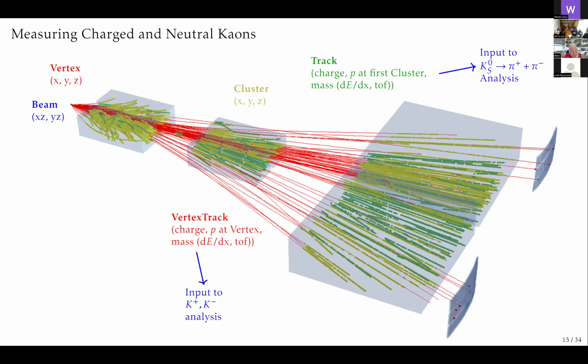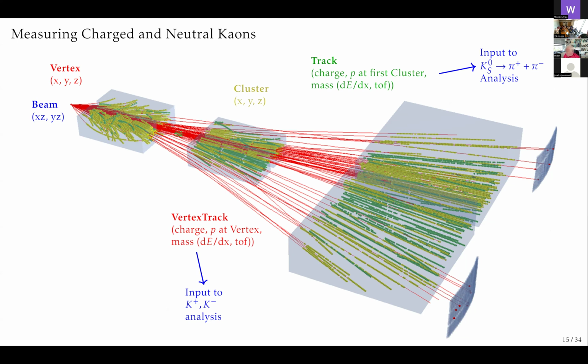Right, so now a little bit about the measurement. This is the NA61 SHINE setup. We have 4 large volume time projection chambers. In those time projection chambers, we record the points where a traversing particle ionizes the gas. It produces something which we call a cluster. Then the clusters are combined into tracks, and the track segments are combined into vertex tracks.